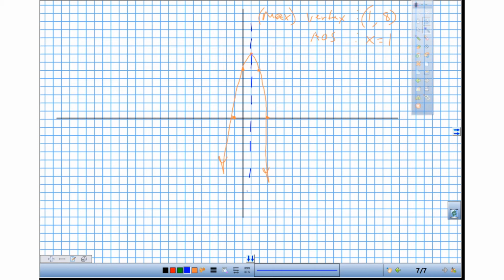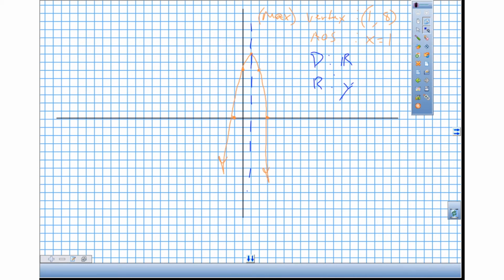So there's your symmetry. Your domain is always all real. Know that. Your range is your y values. Now, if you remember, on the one we did before, this thing was turning up. But this time, it's turning down.